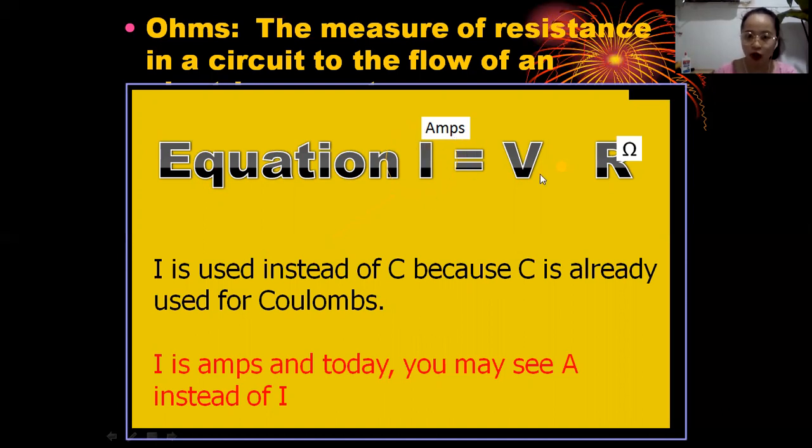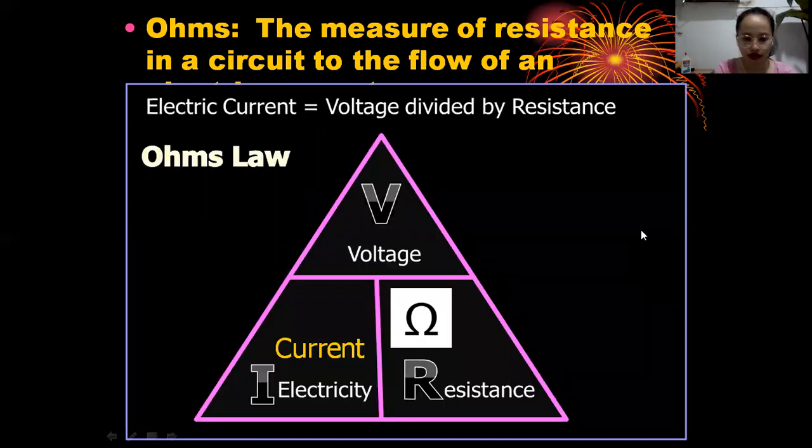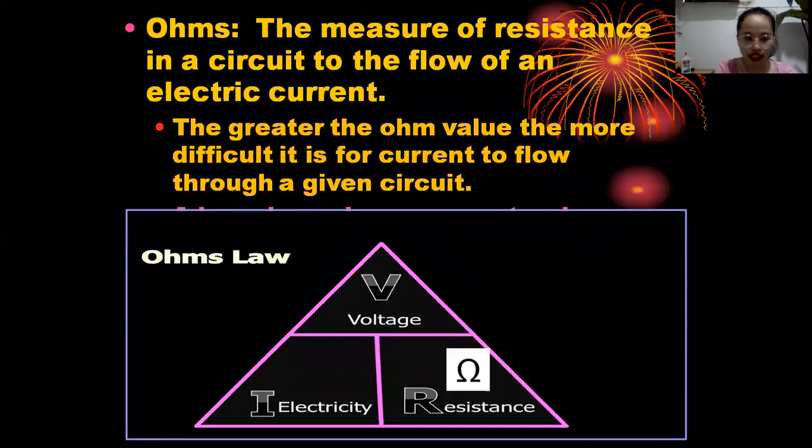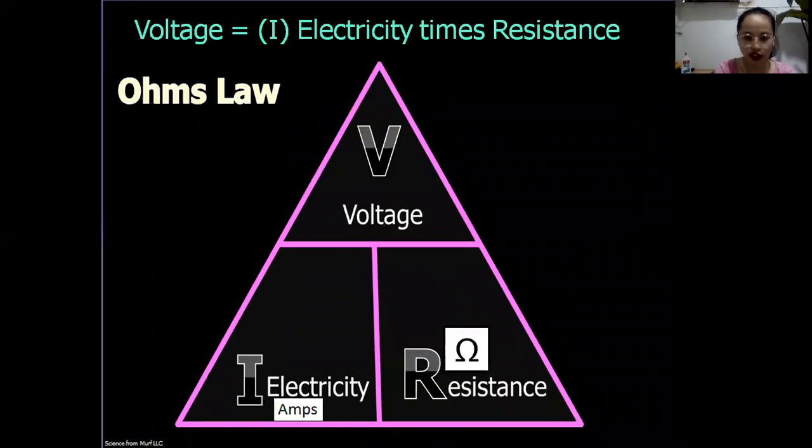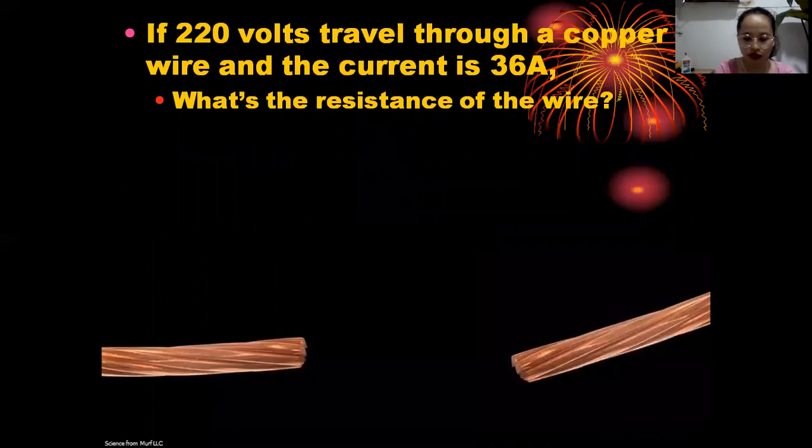It equals voltage, the letter V, divided by resistance, which has the unit of ohms, and this is the symbol. Remember the formula. You memorize the formula.